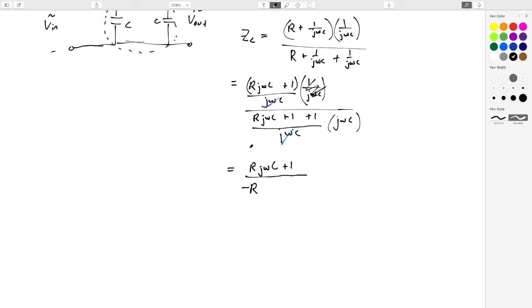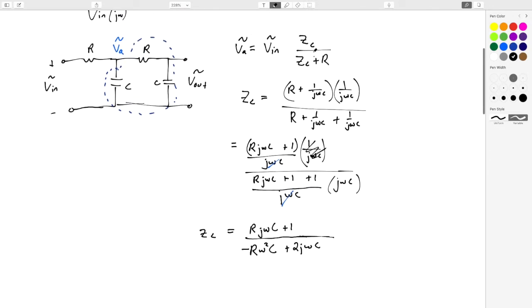Foil this, or whatever you call it, so it'll end up being negative R, because you have your j times j is negative 1, the omega, so omega squared C, these combine together, so it's just going to be plus 2j omega C, like that. Okay, that doesn't look too bad. Okay, so this is fine.